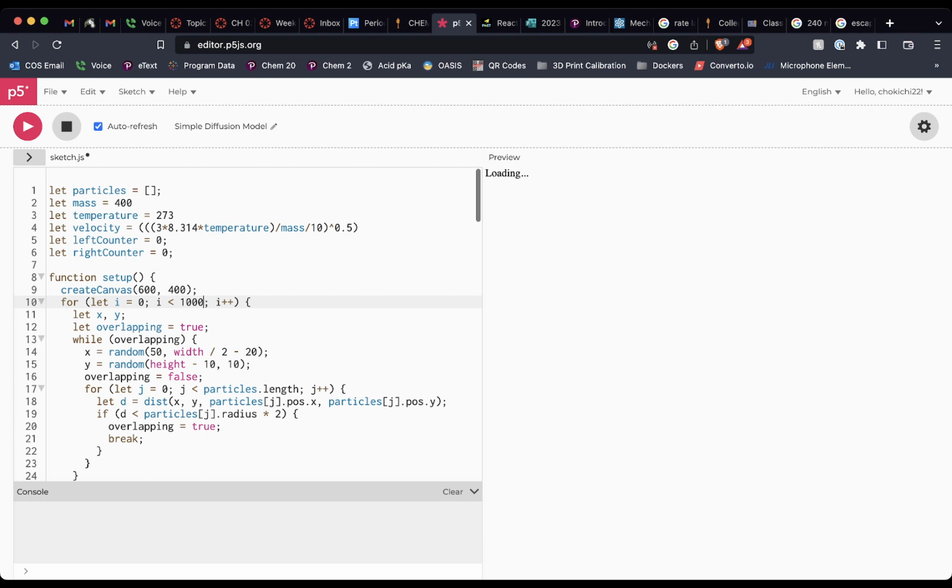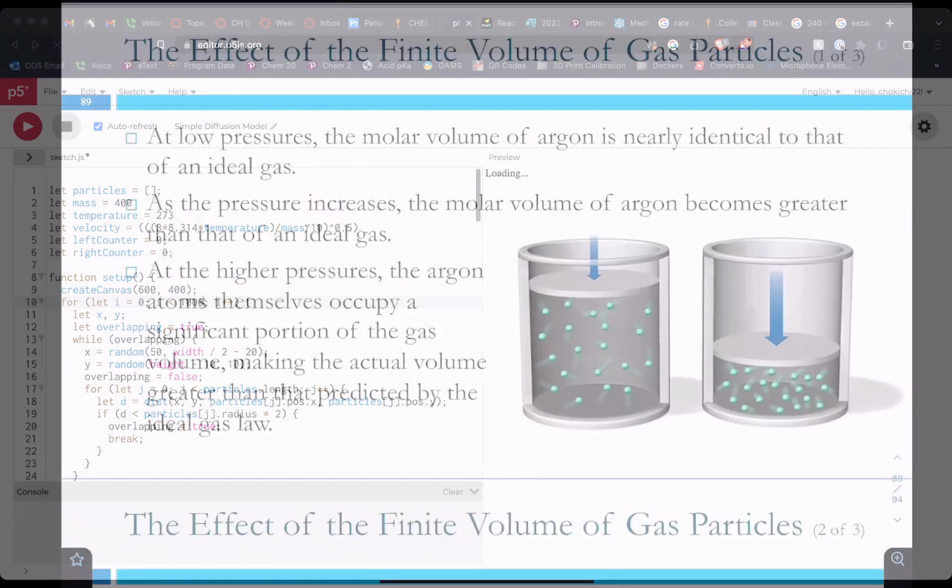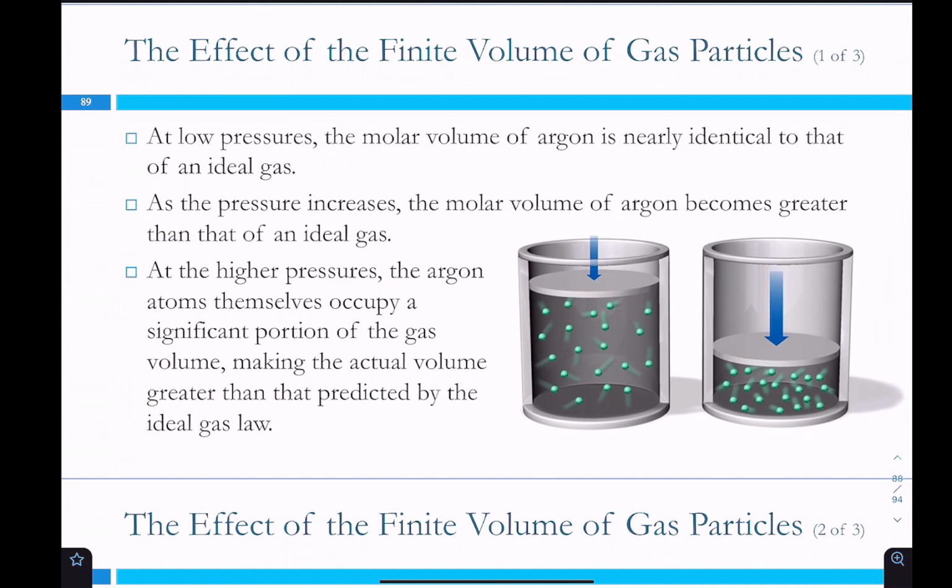It does have to constantly track and update each position of the particle, so it's probably not going to do 1,000. Okay, it's not going to work. All right, so 1,000 particles broke it. I think it might take up more than the volume inside that box. Well, we'll come back if it fixes itself.